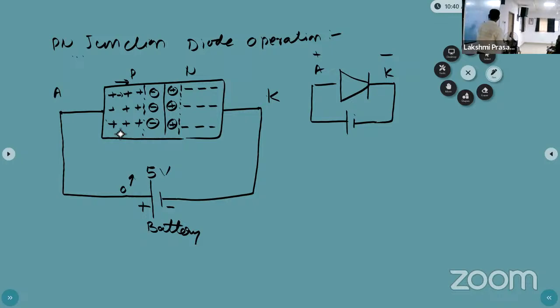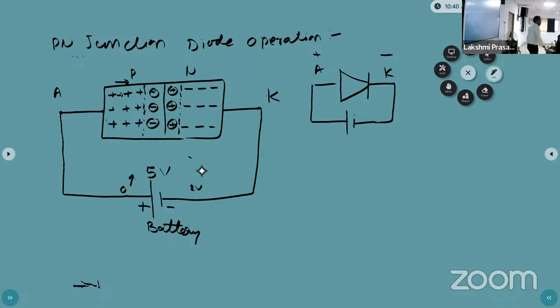Similarly, the negative terminal of the battery we are connecting to the N-type semiconductor. N-type has electrons as charge carriers. Those electrons are repelled by the negative terminal of the battery, at low pressure because we are applying just 2 volts or 1 volt. So now the electron is moving towards the P side and the hole is moving towards the N side. Then what will be the junction width? This is the barrier width, this is the junction.